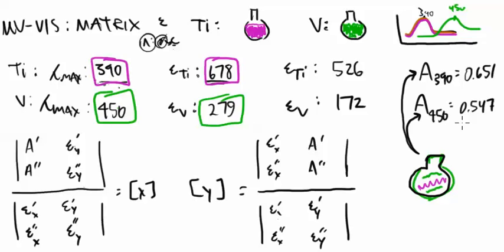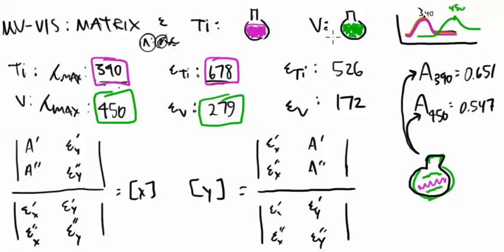Well, part of this 0.651 comes from the titanium absorbing, and another part comes from the vanadium absorbing. The same thing is happening at 450. A part of that 0.547 absorbance is coming from titanium, and a part of that absorbance is coming from the vanadium.